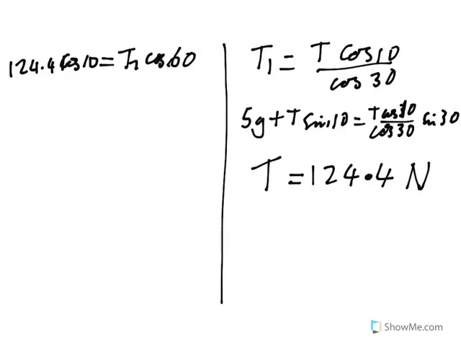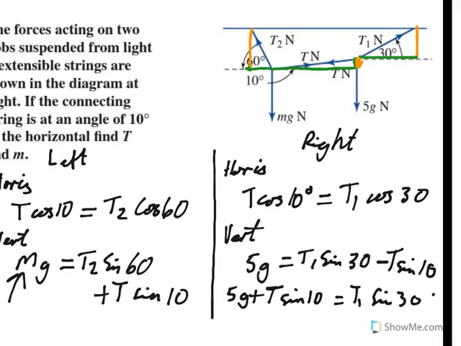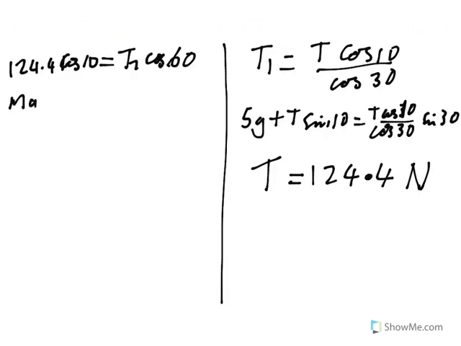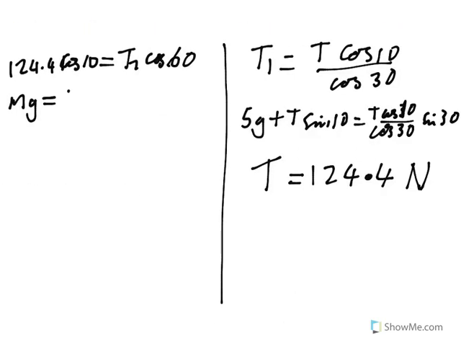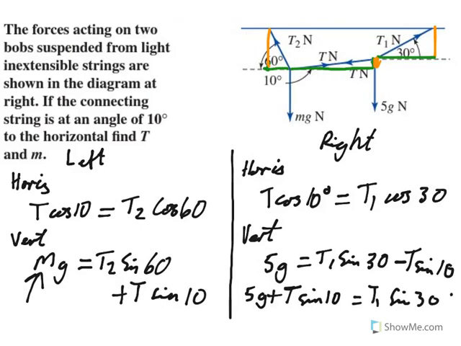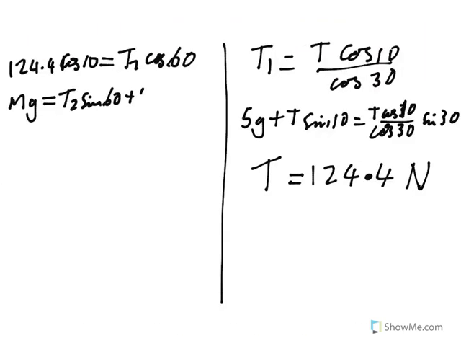And the other equation, mg equals T2 sin 60 plus T sin 10, and T is 124.4 sin 10. Okay, again, simultaneous equation solver.